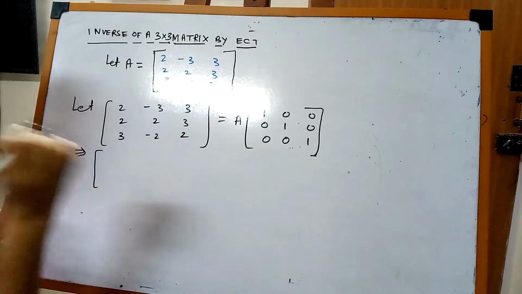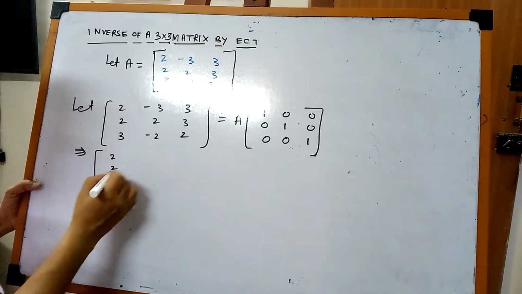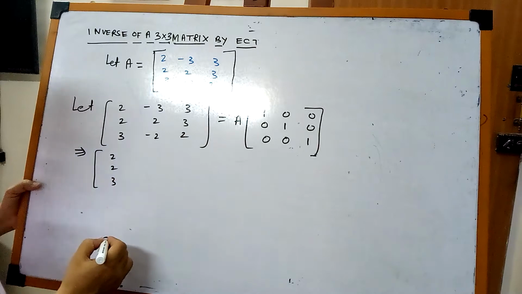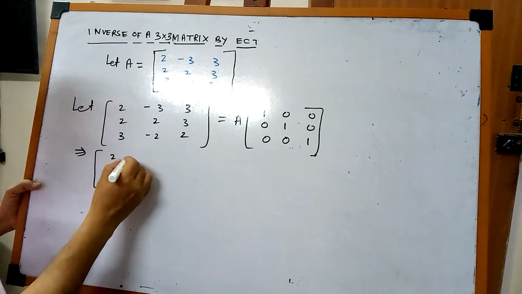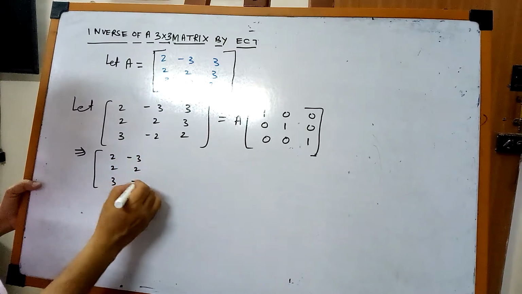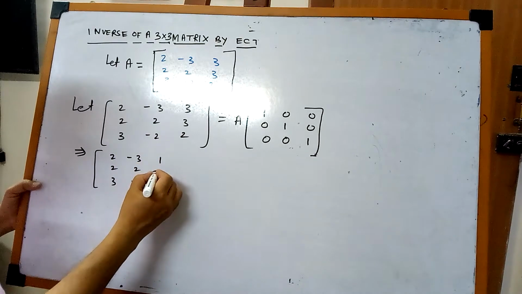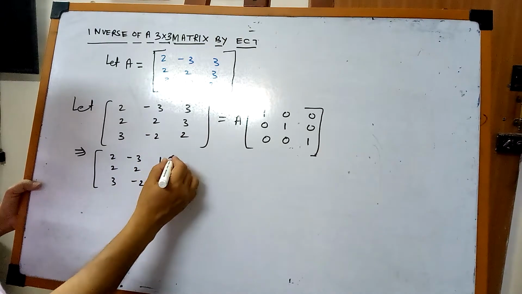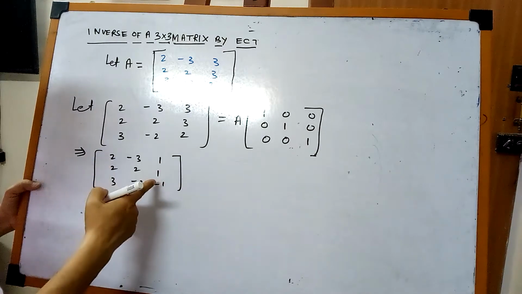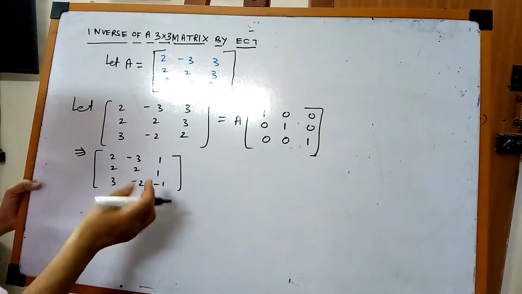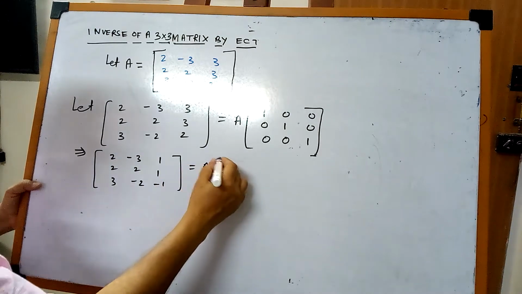So we write 2, 2, 3. Okay, keep this one unchanged. Minus 3, 2, minus 2. Subtract this from this. It will be 1, 1, minus 1. We wanted to get 1 here, but I got 1 here. Then what will be next step? We will exchange between these two columns.